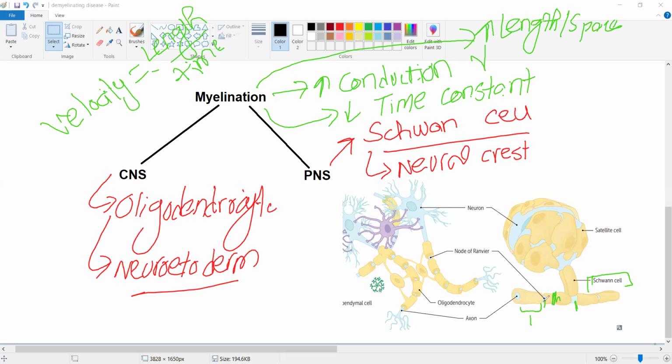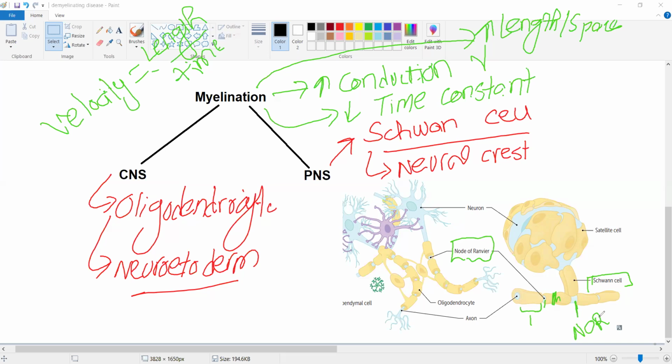These are the nodes of Ranvier. The nerve impulse conduction only takes place through these nodes. This conduction is known as saltatory conduction, and it increases the conduction velocity, right?